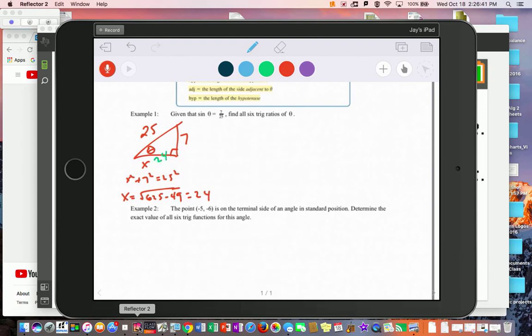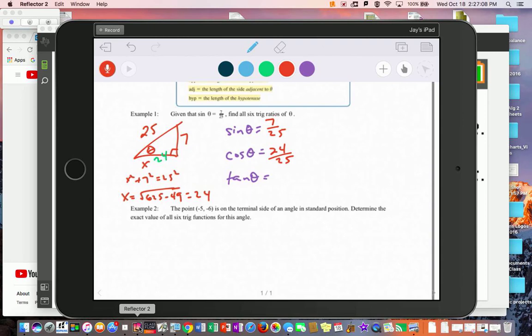So now if I do sine, cosine, and tangent, we just simply have to write the trig function. So the ratio here for sine would be opposite 7 over hypotenuse 25. Cosine, adjacent 24 over hypotenuse 25.